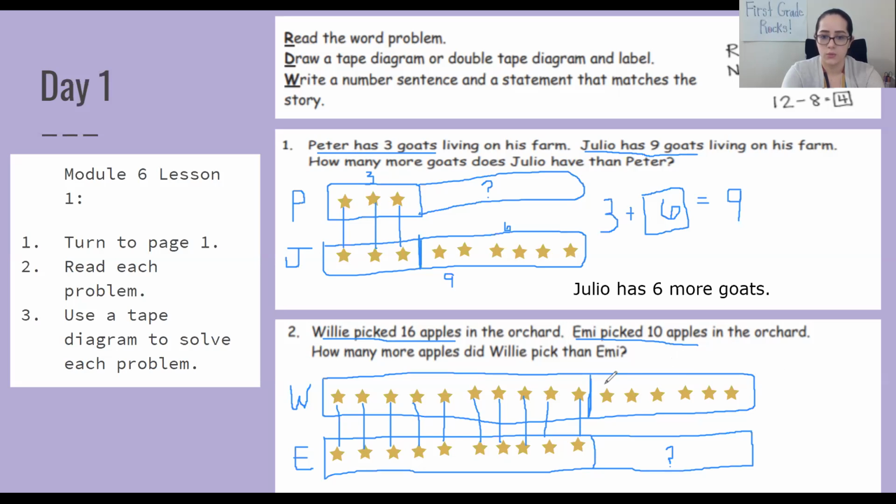Okay, so 1, 2, 3, 4, 5, 6. Willie picked 6 more. So let's write a number sentence to match. So 10 plus some more gave Willie 16. Right, and again, we already solved and we found that Willie had 6 more.